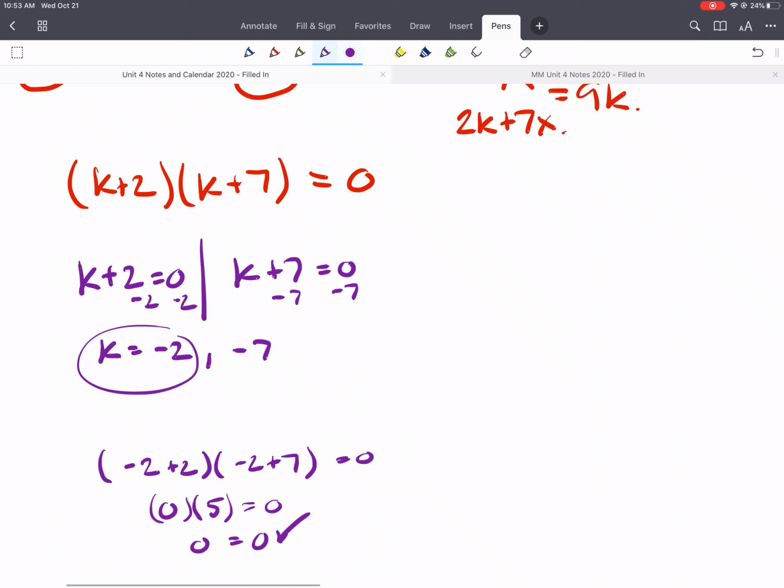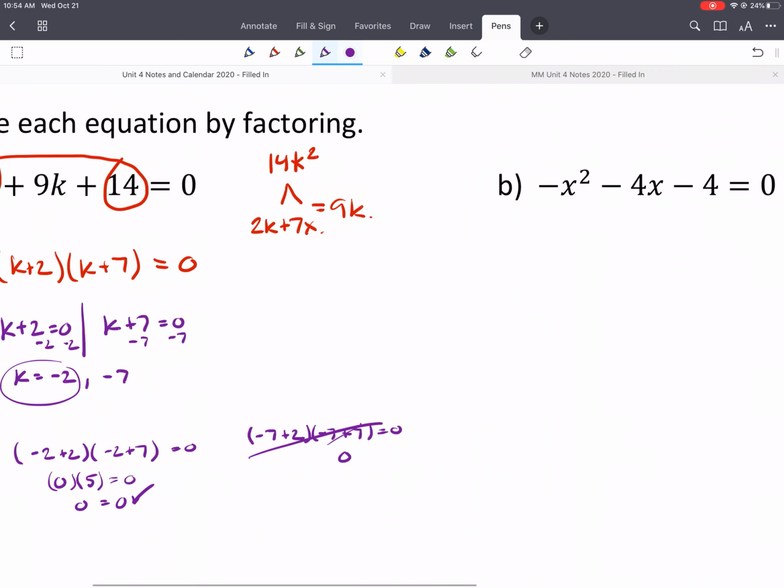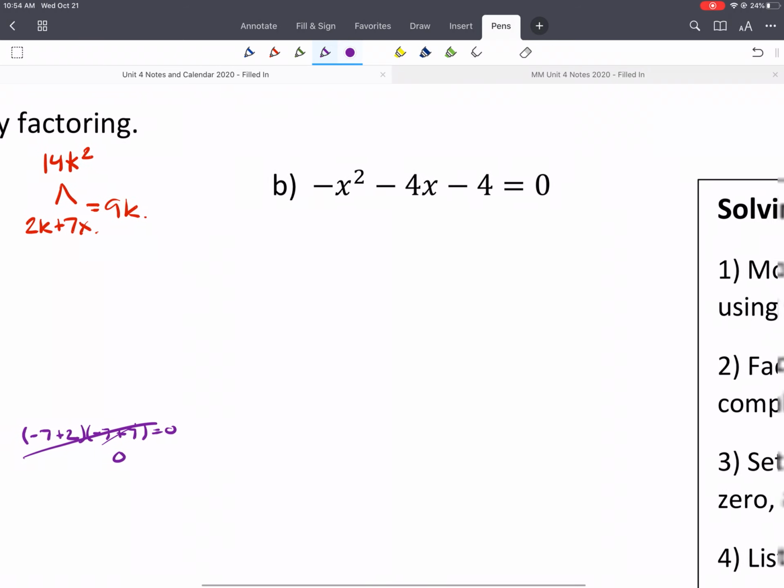Okay, we could try it with the other one. We could do k is negative 7, so negative 7 plus 2 times negative 7 plus 7. Well, this gets 0. So that means that the whole thing is 0. Okay, because 0 times anything is 0. So we can always check our solutions that way. And I would suggest doing that.